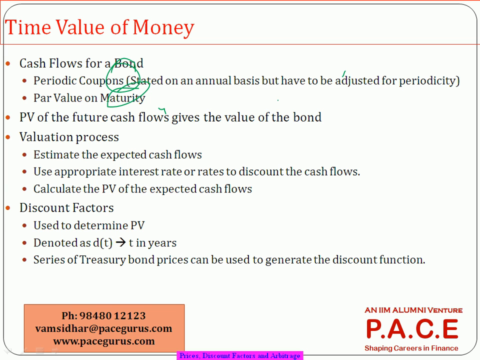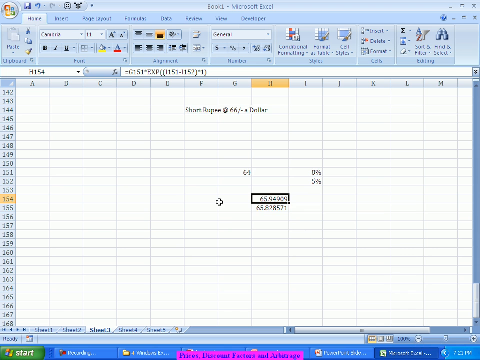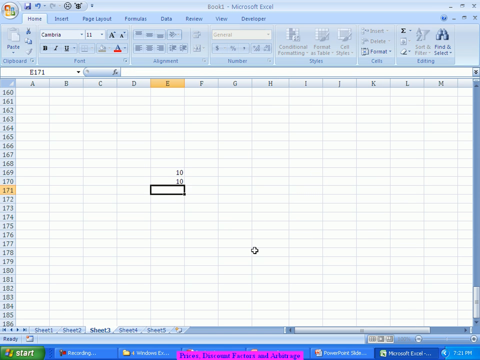So if the bond is going to give me a coupon of 10 for the next 4 years or next 5 years, and a maturity of 100, and let's say the currently prevailing market interest rate is 8%, at what price should I purchase this bond?